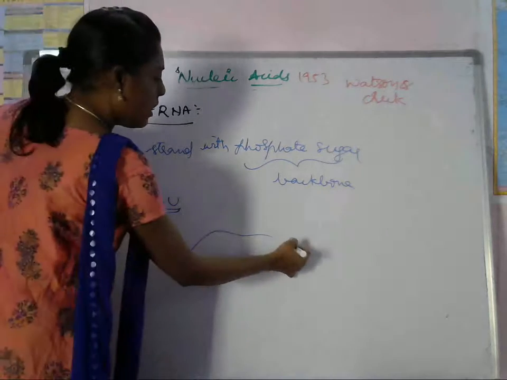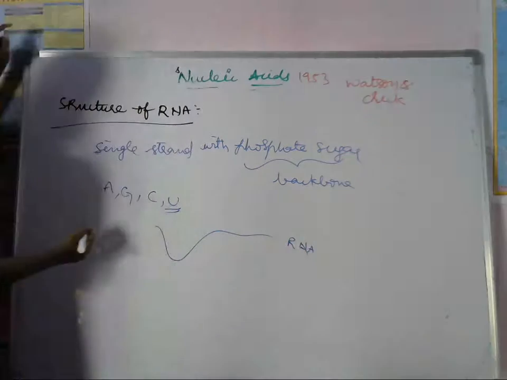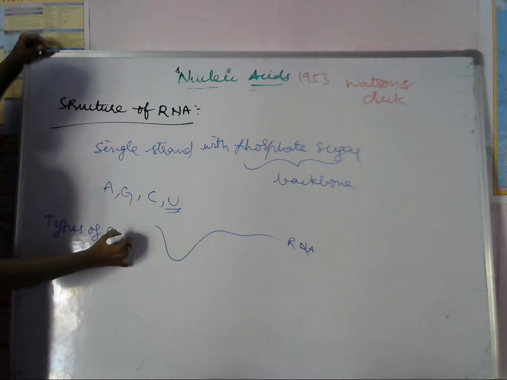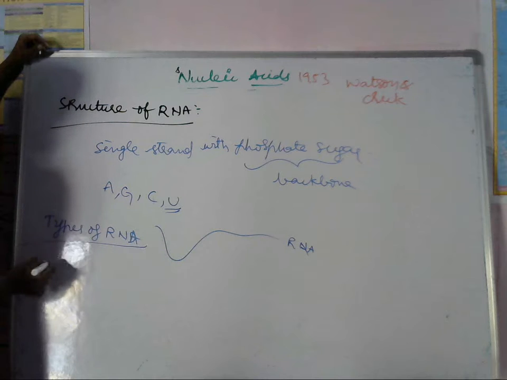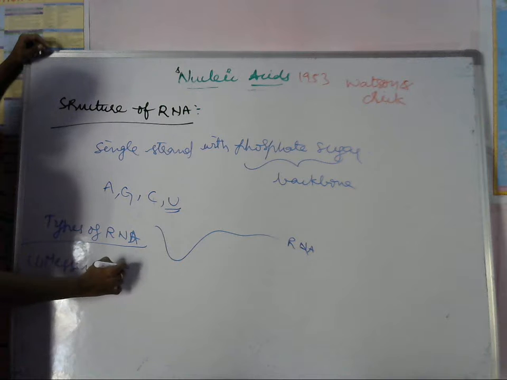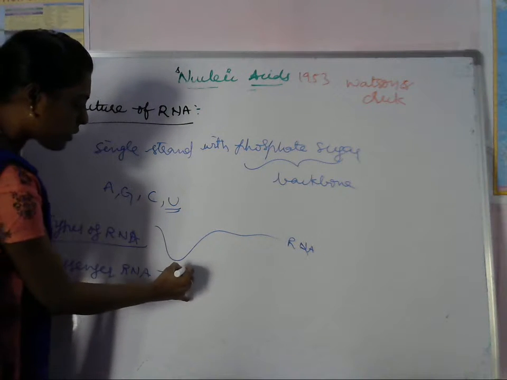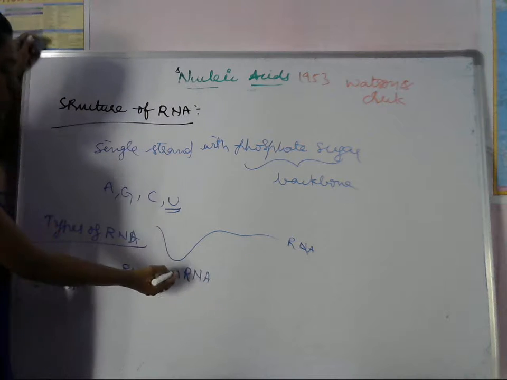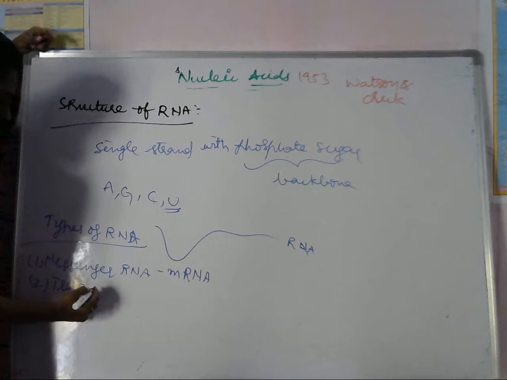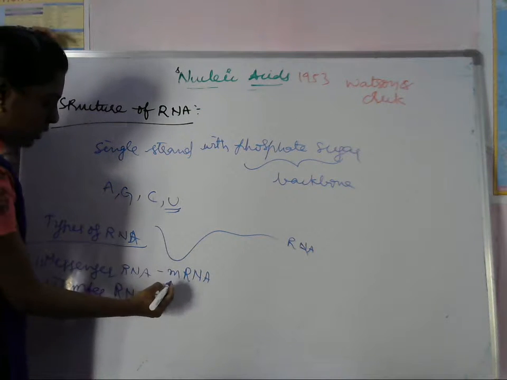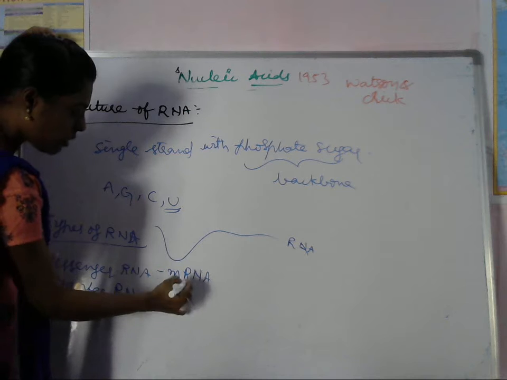This is RNA. We have three types of RNA. One is messenger RNA, abbreviated mRNA. The next one is transfer RNA, which is tRNA.